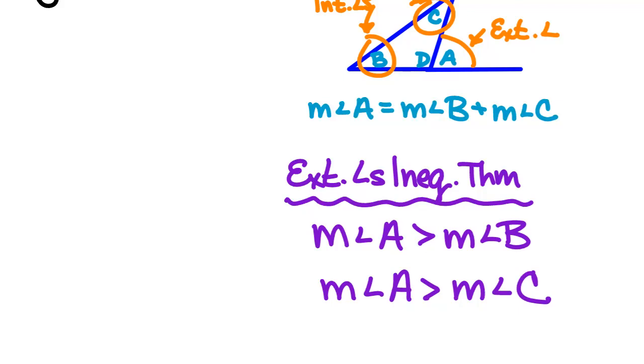I have to add B and C together to get A. So if I take away one of these pieces, now this side is too small. They're not equal anymore.